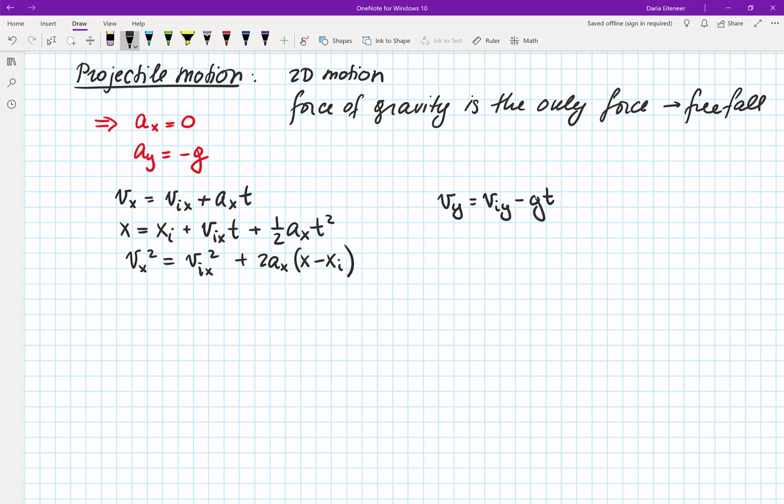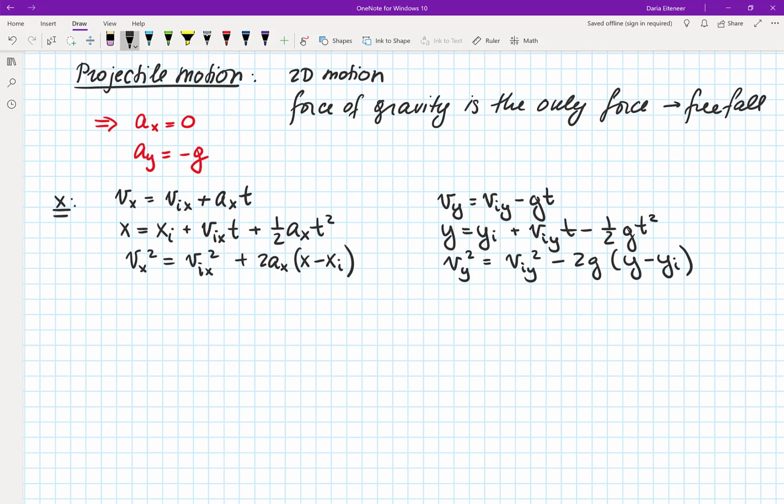So we have free fall in the y direction. Here are my x and y directions. I should label them too, x and y.